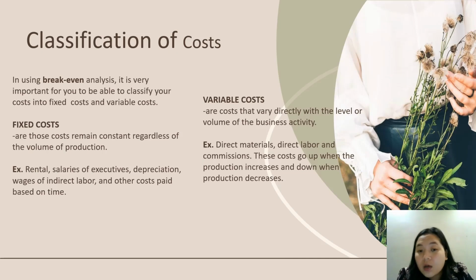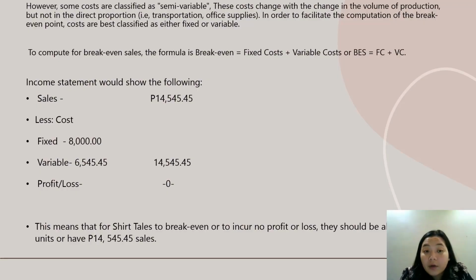Whereas variable costs are costs that vary directly with the level or volume of business activity. Examples are direct materials, direct labor, and commissions. These costs go up when production increases and down when production decreases. However, some costs are classified as semi-variable.